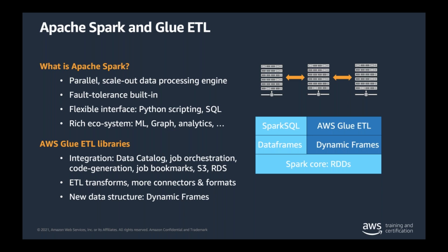Whereas the Glue Data Catalog, which is an Apache Hive Metastore compatible catalog, also allows Spark SQL jobs to use it, the Glue Data Catalog, as an external Hive Metastore. Basically, you can directly run Spark SQL queries against the tables stored in the Glue Data Catalog. And also, Glue introduced the new component, which I mentioned, called Dynamic Frame.